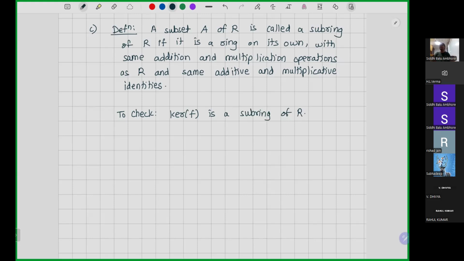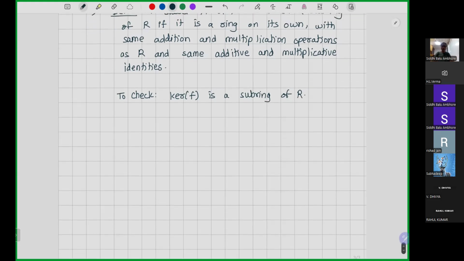When it has a multiplicative identity in it, right? So if kernel F is a subring of R, then the same multiplicative identity 1R as R must belong to this kernel F, right?